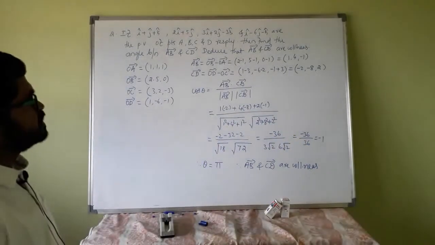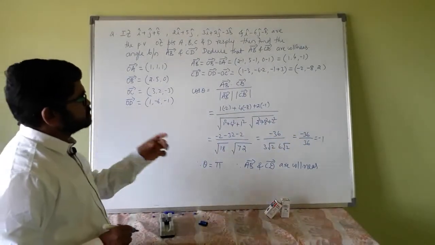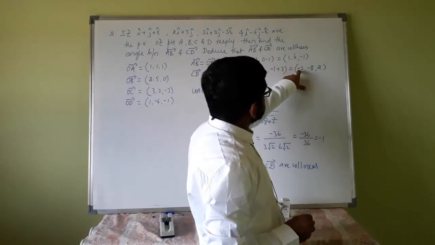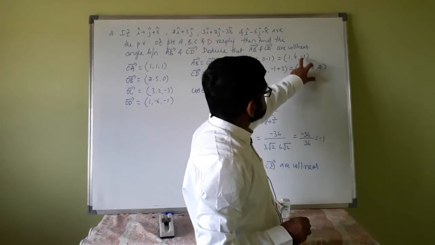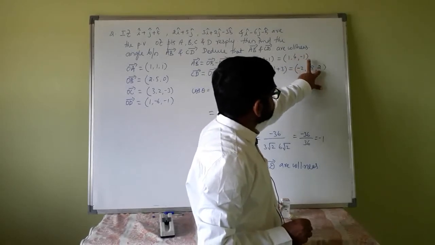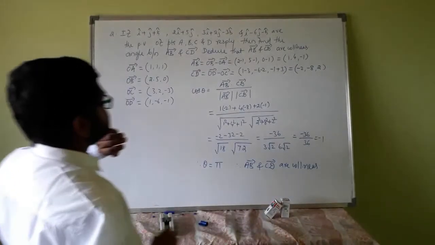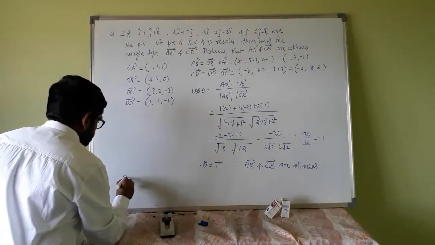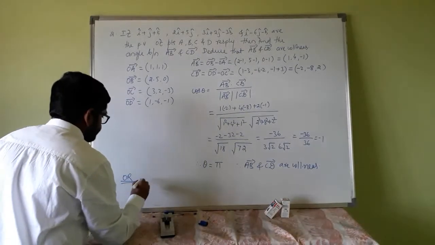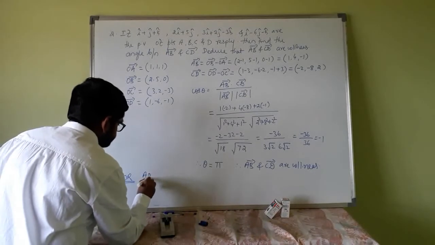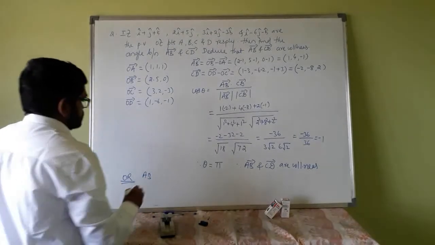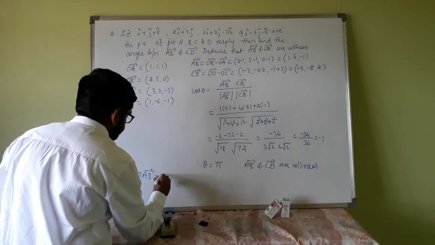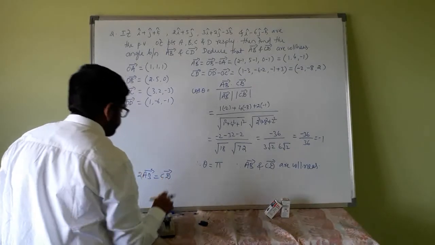Or if you see here, 1 into minus 2, 4 into minus 2, minus 1 into minus 2, that is 2. So you can do it like this also: minus 2 times AB is equal to CD.